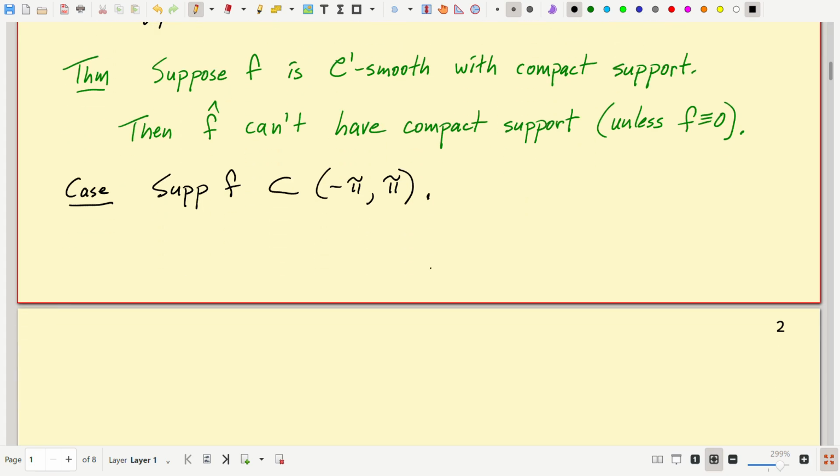So let's see what the Fourier transform is. f hat of s equals, I like to put my square root of 2 pi in front, the integral from minus infinity to infinity of f of x e to the minus i s x.